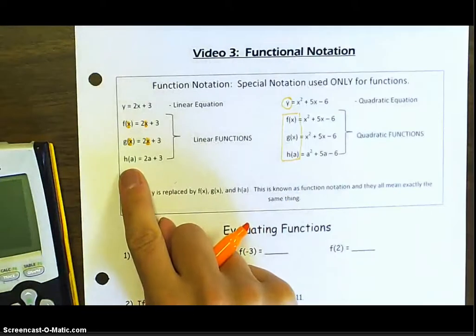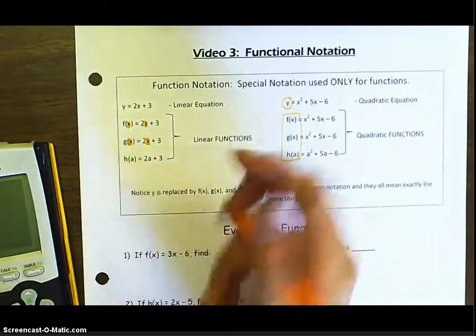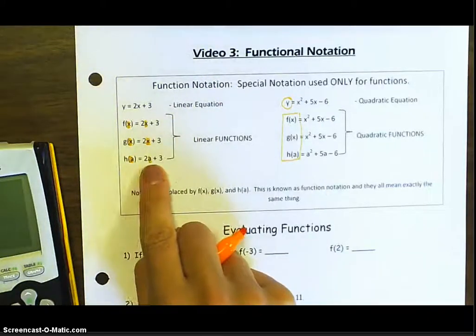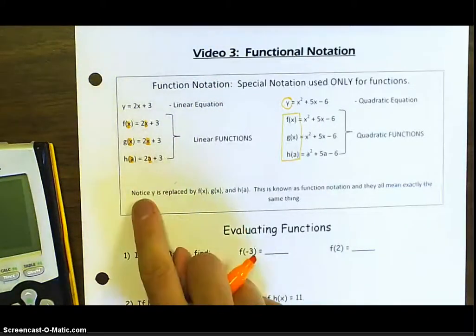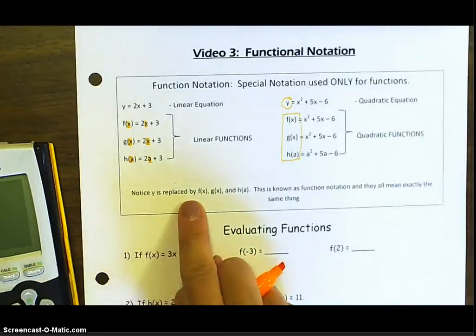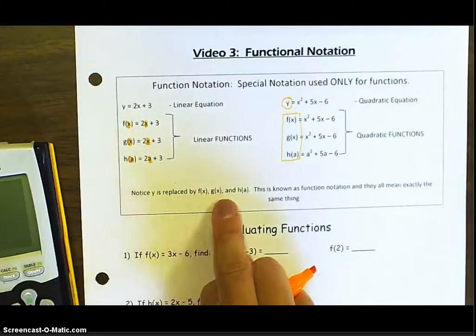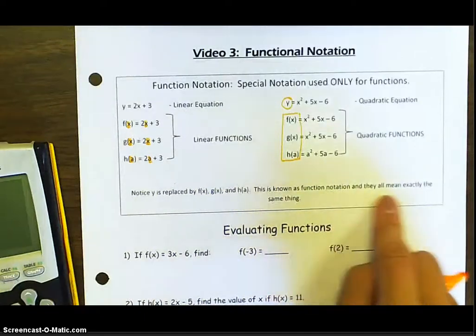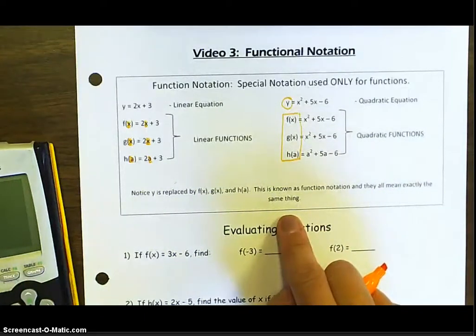But if you look at this last one, it's h of a equals 2a plus 3. Whatever variable is in the parentheses, that's the variable in the equation. So notice y is simply replaced by f of x, g of x, and h of a. This is known as function notation, and they all mean exactly the same thing.